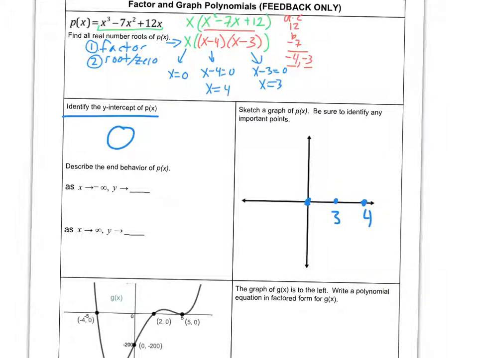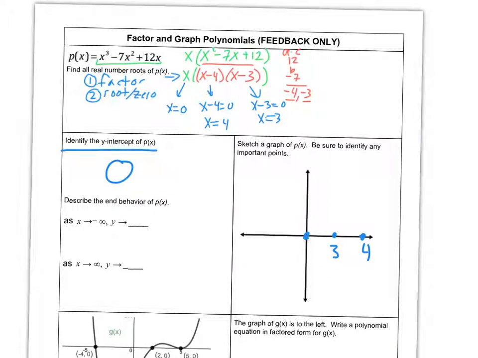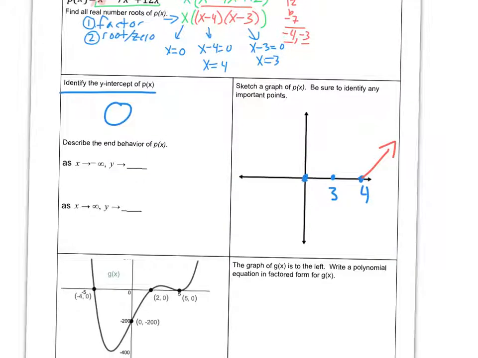The end behavior is based on this being a positive graph, and by that I mean that this very first piece is a positive number. So that means we're going to go up at the end. And if I trace that through, we end up going through the 4, through the 3, and through the 0. We end up with an N-shaped graph that looks something like this.